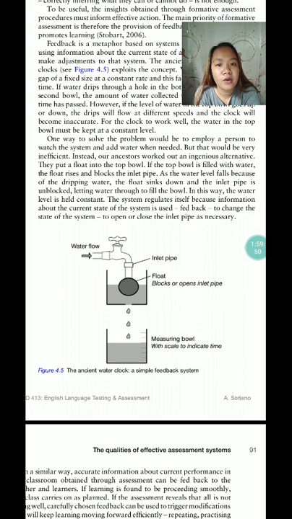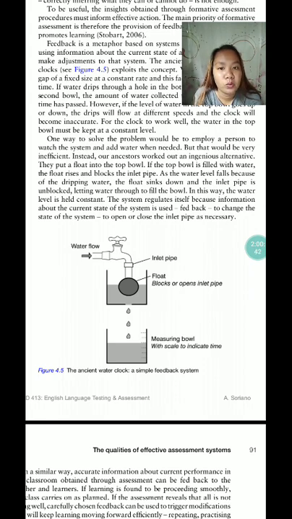Instead, our ancestors worked out an ingenious alternative. They put a float into the top bowl. If the top bowl is filled with water, the float rises and blocks the inlet pipe.